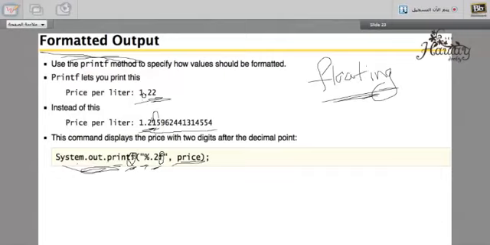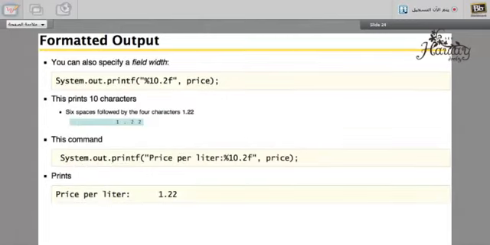Then you put the price, which is the variable. Now you can format in different ways. If you put %10.2f price, it'll reserve 10 places for you.